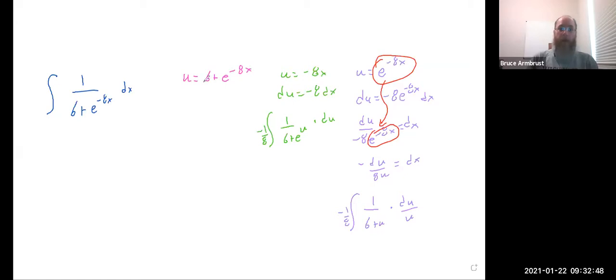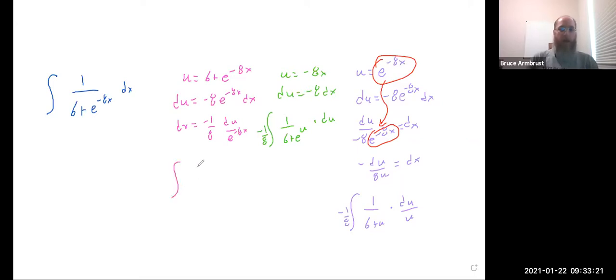All right, well, let's see what happens if we use this as our u. So then du is going to be minus 8 e to the minus 8x dx. So dx is going to equal, again, minus 1/8 du over e to the minus 8x. All right, so let's substitute this stuff in.